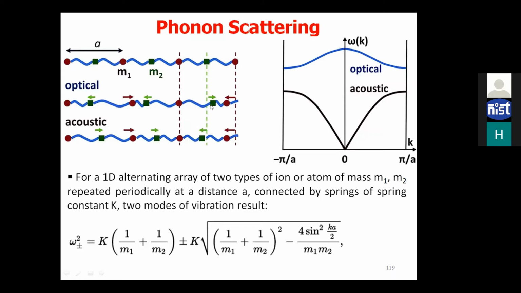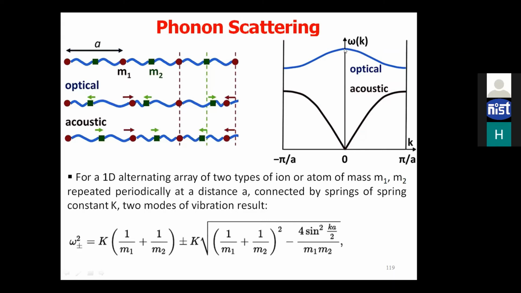Due to this vibration, in some cases the two atoms head in opposite directions, like the gray one and the green one, or they head in the same direction, like in the lower one. The last one is acoustic, and this one is optical.